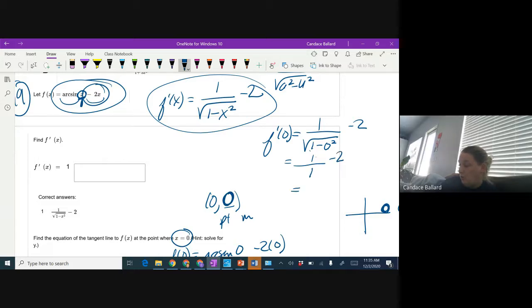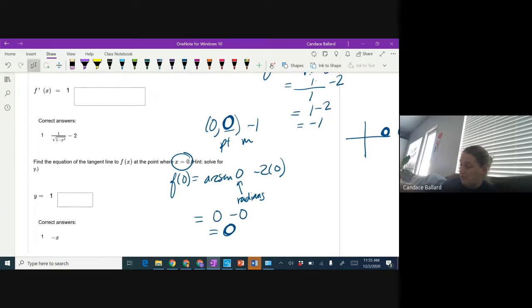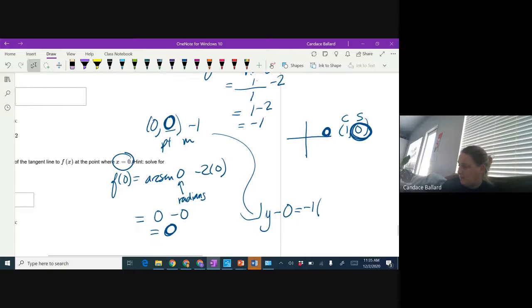So 1 over 1 is 1, minus 2, which gives me negative 1. So I've got my point, I've got my slope, and I am ready to write the equation of my tangent line. So y minus 0 equals my slope negative 1 times x minus 0. If I got rid of all my zeros, I would just be at y equals negative x.